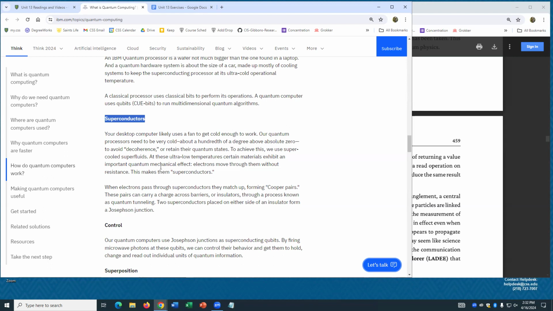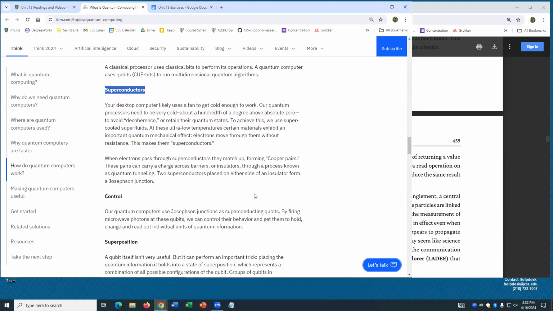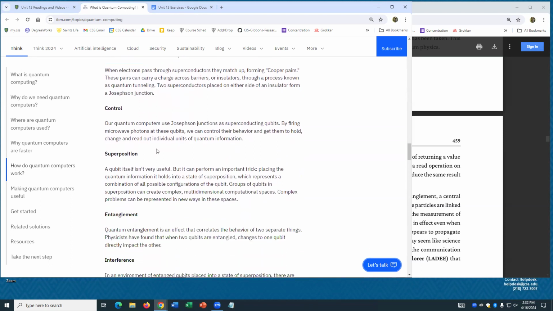We need things super cooled so that we can get some of this superconductor behavior passing through these things. So you will see pictures of quantum computers, and a lot of it is some little wires in a huge refrigerator, so we can get it very, very cold. Okay, so that's something we have to do.